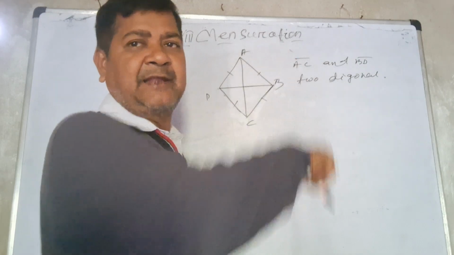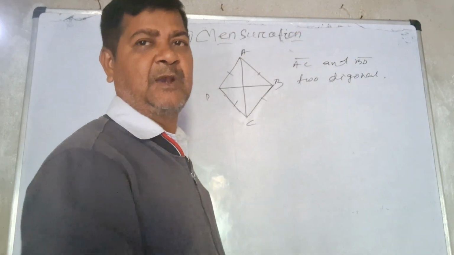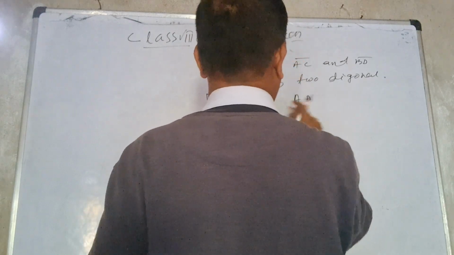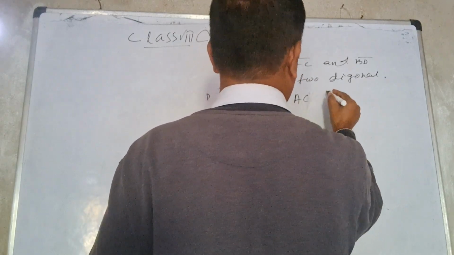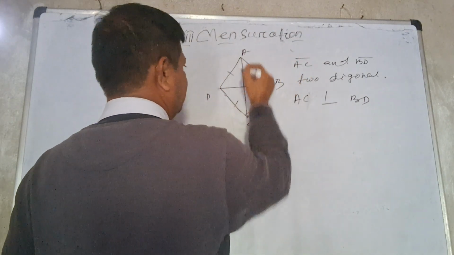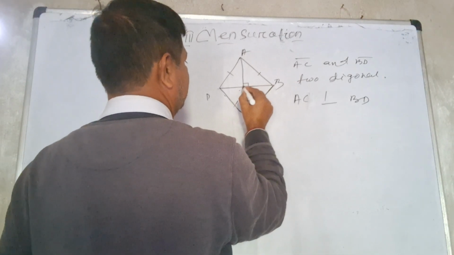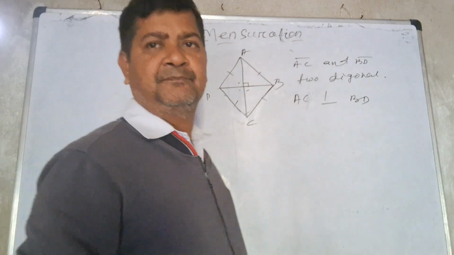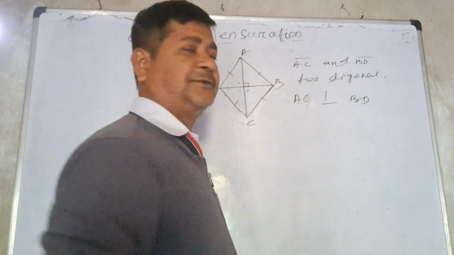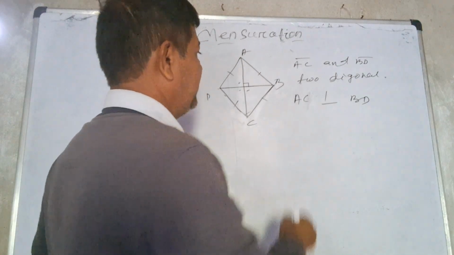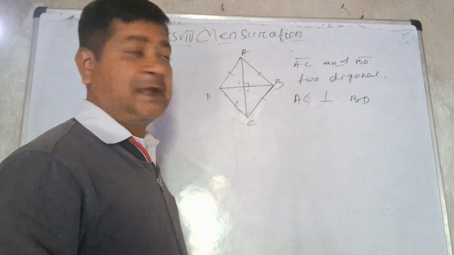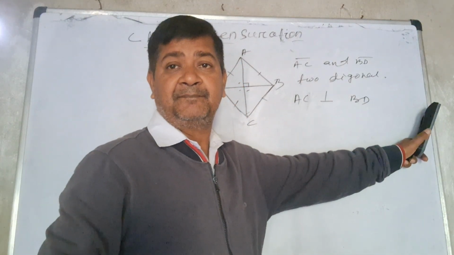The two diagonals of your rhombus bisect each other perpendicularly. AC is perpendicular to BD, that means it is 90 degrees. It is also a vertical opposite angle, so when you get one 90 degrees, all four angles are 90 degrees. This is the symbol of perpendicular: AC perpendicular BD.